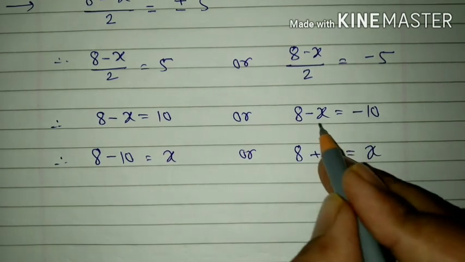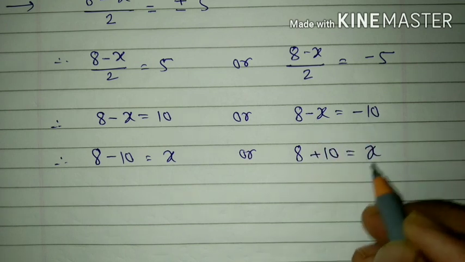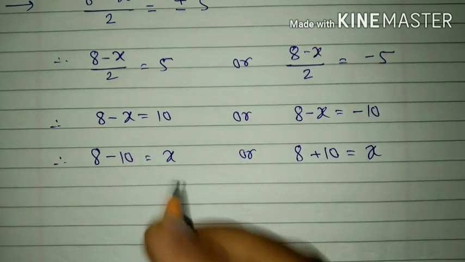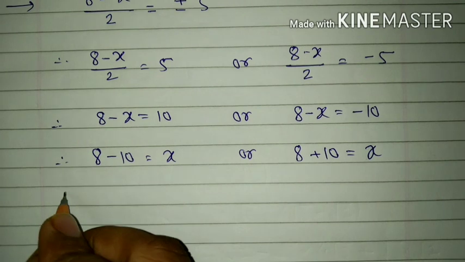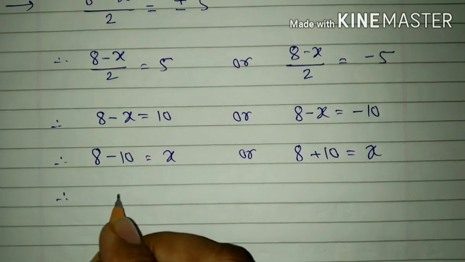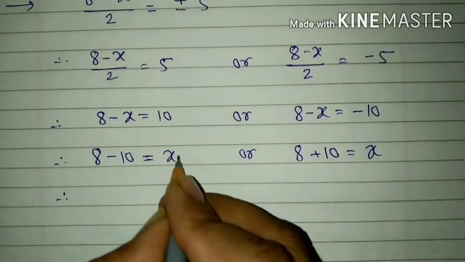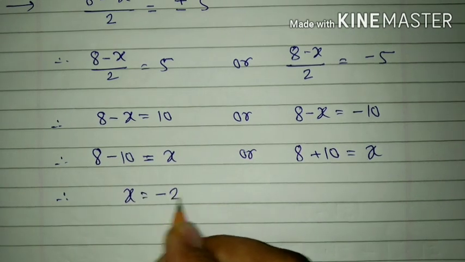These are the simple processes already we have seen in the 6th standard also. So therefore 8 minus 10 is equal to minus 2 is equal to x.